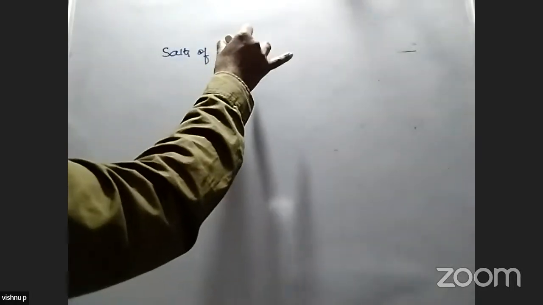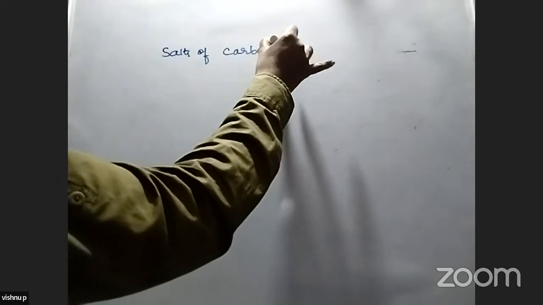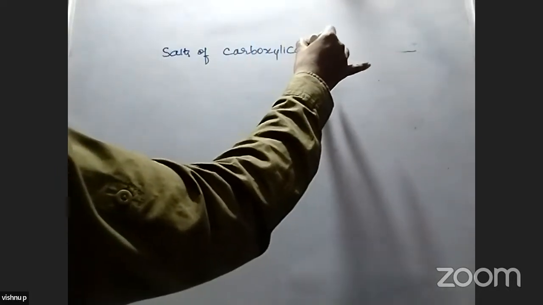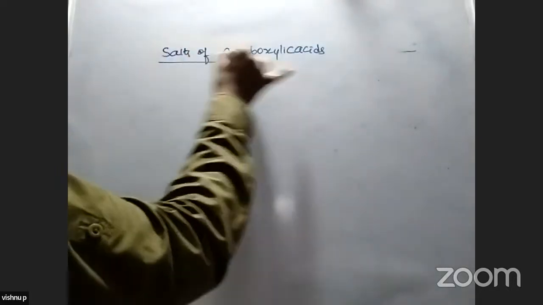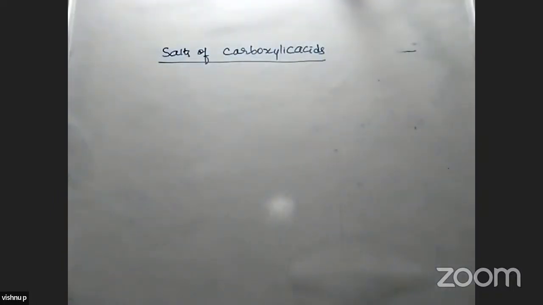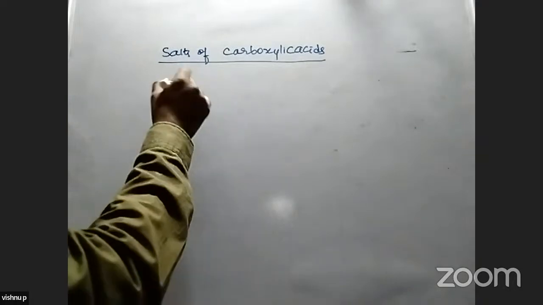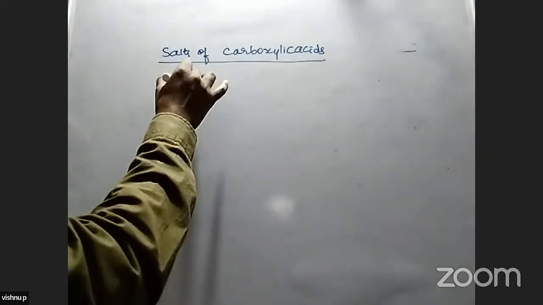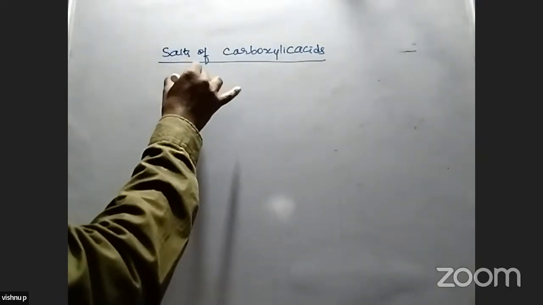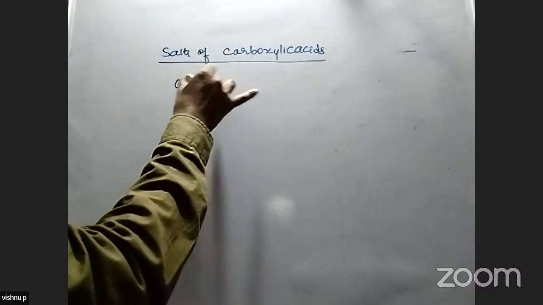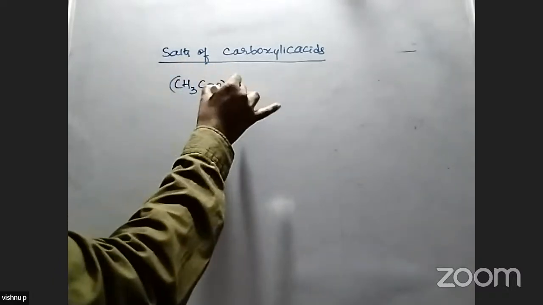Next is from salts of carboxylic acids. Preparation methods of aldehydes and ketones from salts of carboxylic acid. So, what are salts of carboxylic acid? We take an example, calcium acetate, (CH3CO) taken twice, Ca.